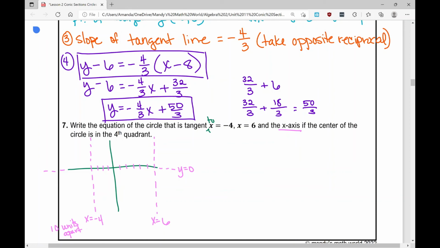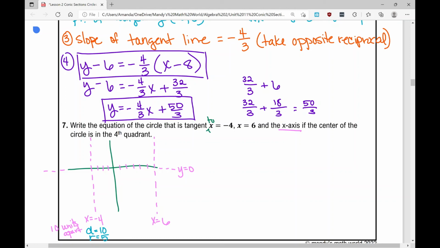If these two vertical lines are 10 units apart, that would be the diameter of the circle, yes? Because if it's tangent, it's only going to intersect those lines at one point, right? If it's 10 units apart, that's the diameter. So the diameter is 10, which means the radius is 5.